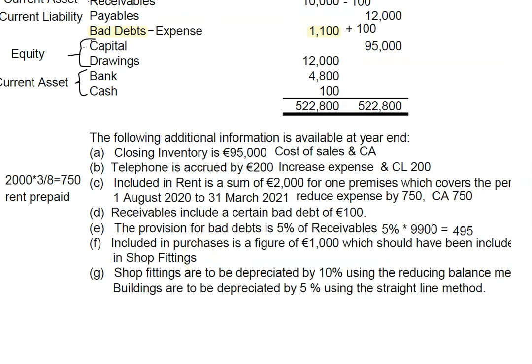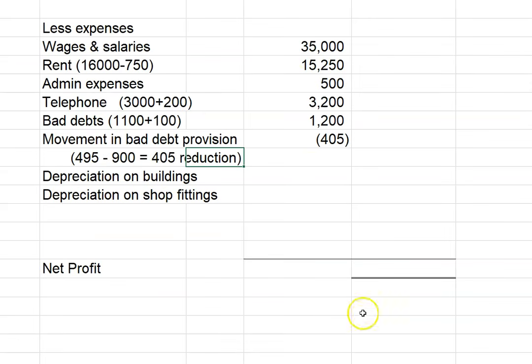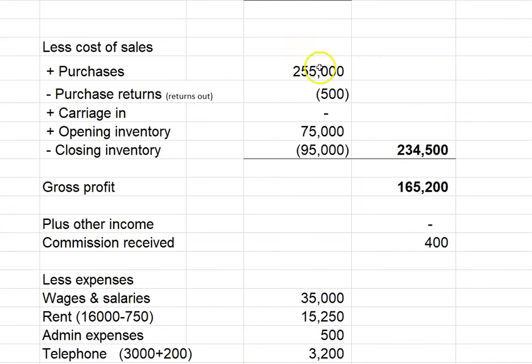So come up to purchases, and we need to take away 1,000 out of purchases and into shop fittings. Add €1,000. So now the cost of our shop fittings is going to be 51,000 and our purchases is going to be 254,000. So I just need to go back and adjust the purchases figure up here.